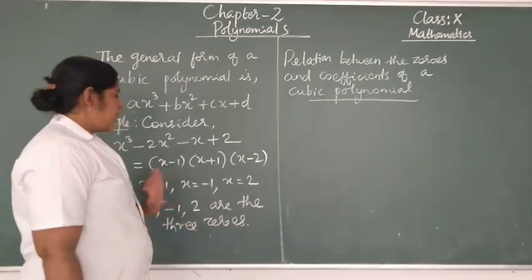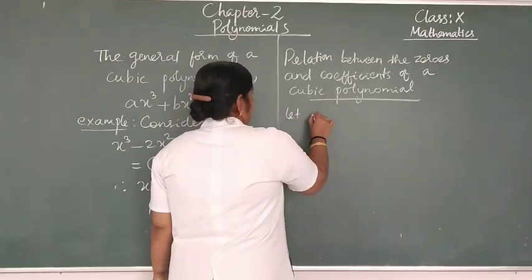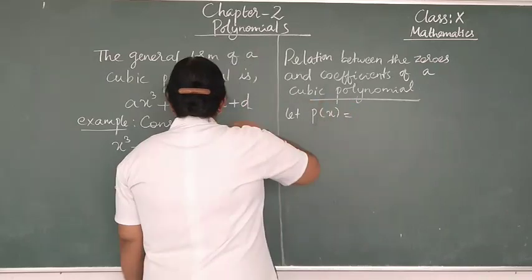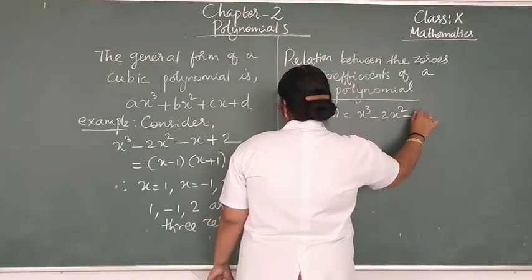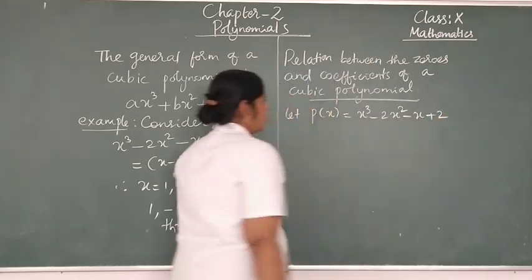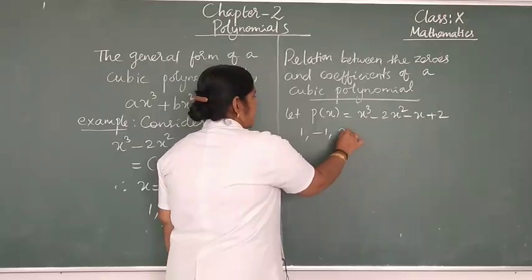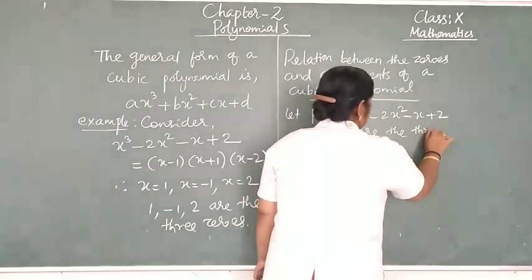So let us start that. Let our polynomial I have written be x cube minus 2x square minus x plus 2. So what are the three zeros? 1, minus 1 and 2 are the three zeros.